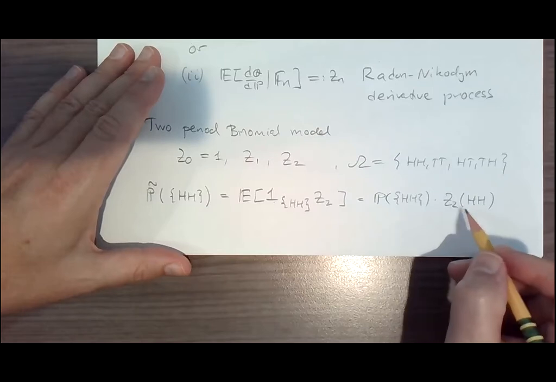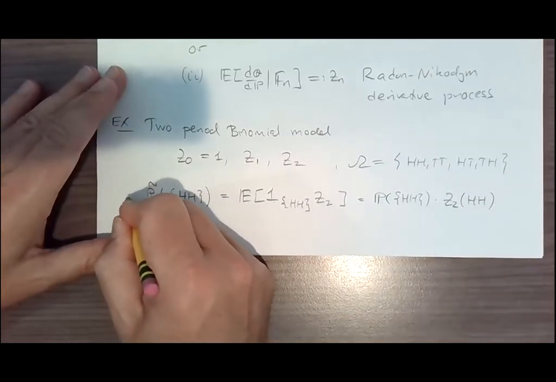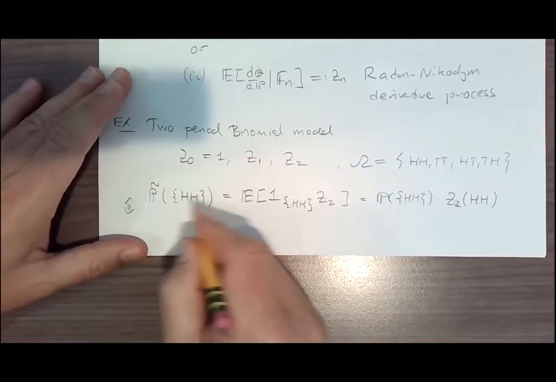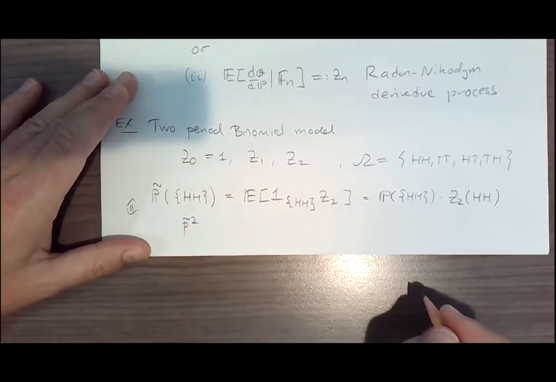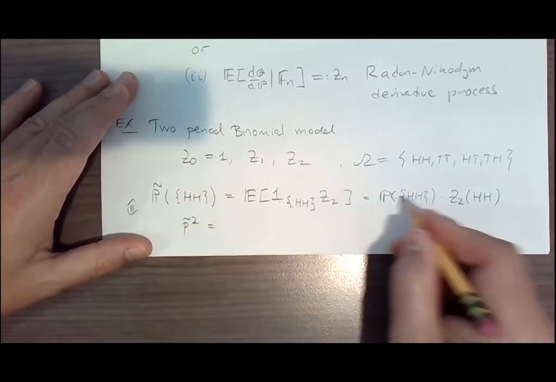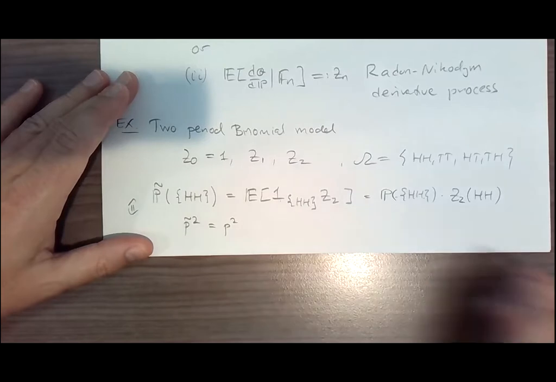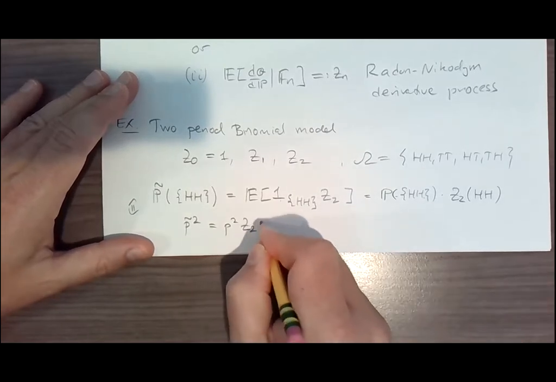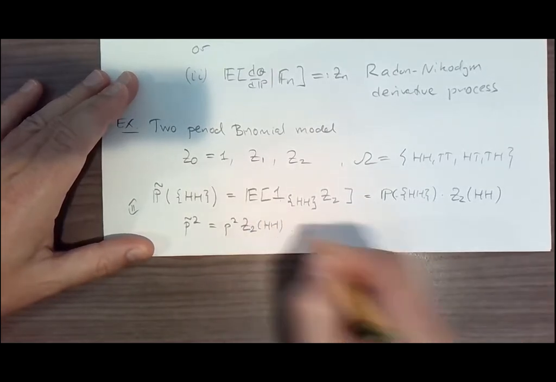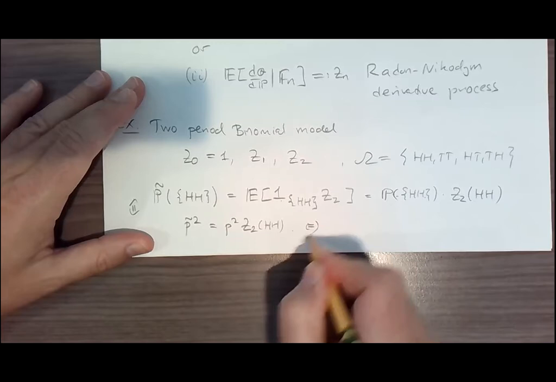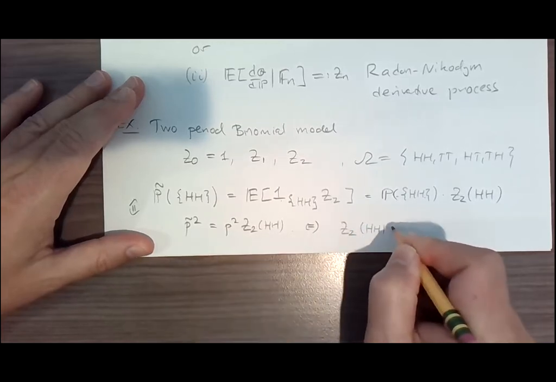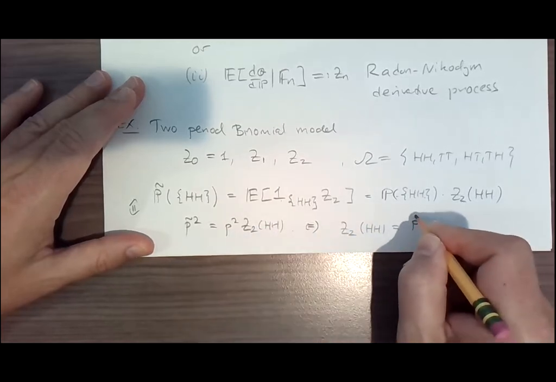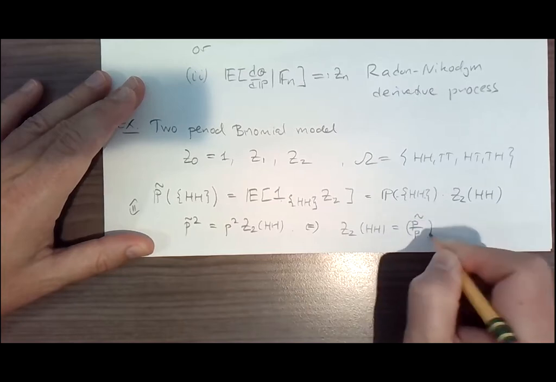So what is Z2? Well, P tilde of heads, heads, we're used to saying, should be P tilde squared. And I want this to be P squared times Z2 of heads, heads. So solving here, you get that Z2 at the point HH is P tilde squared divided by P squared.